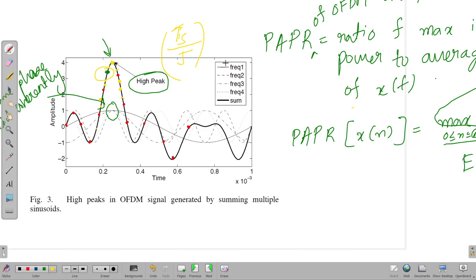Earlier you had n samples and now you are going to have j into n samples, right? Because the sampling time Ts has got reduced by a factor j. So your number of samples is going to increase by a factor j.